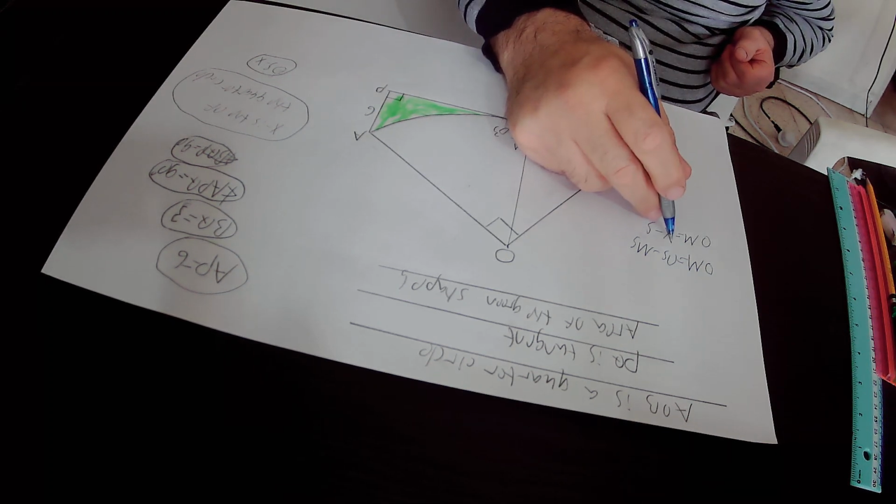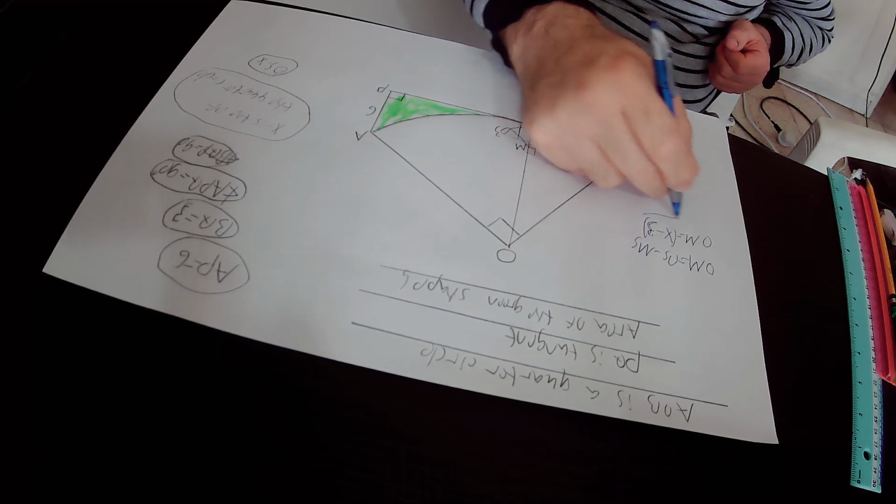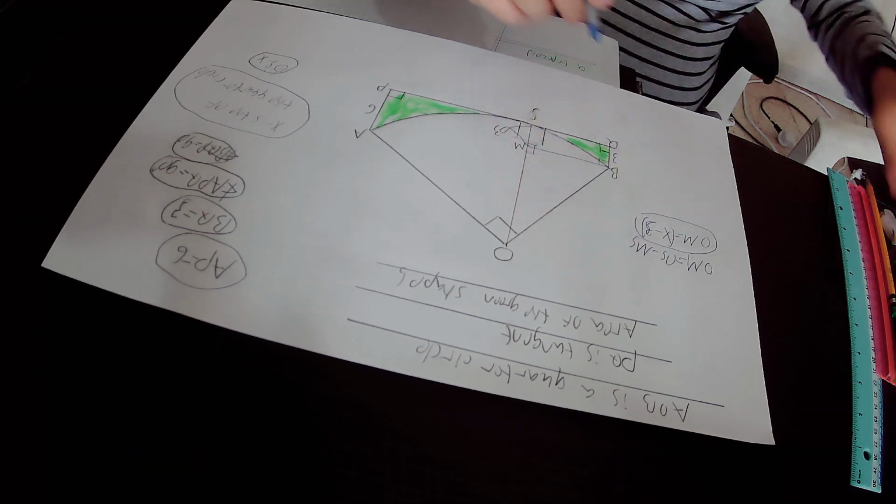So in total, OM equals X minus 3 units in its length.